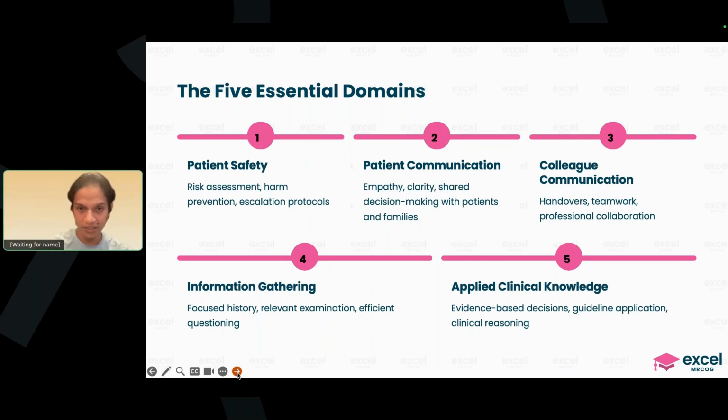That means that a simulated patient task will always have 4 domains, so they get more weightage in the exam, more marks. A structured discussion which has 4 domains will also have more weightage, but there are structured discussions that have just 3 domains, and those will have lesser weightage in the exam. In the exam, you will also have lay examiner tasks, and the lay examiner may also assess certain domains, like communication, particularly with the patient, applied clinical knowledge, and patient safety as well.